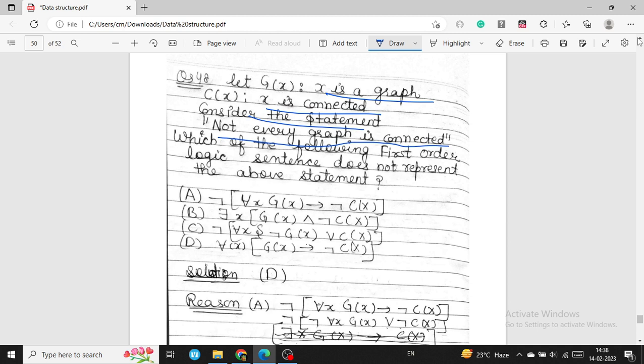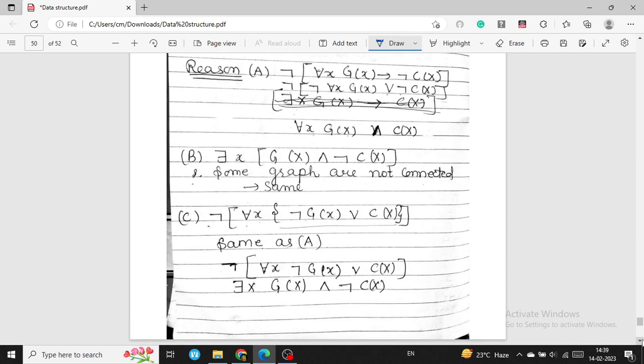Not every graph is connected means not for all x, graph(x) implies connected(x). The not symbol is related to every graph and connected. We will solve it this way.